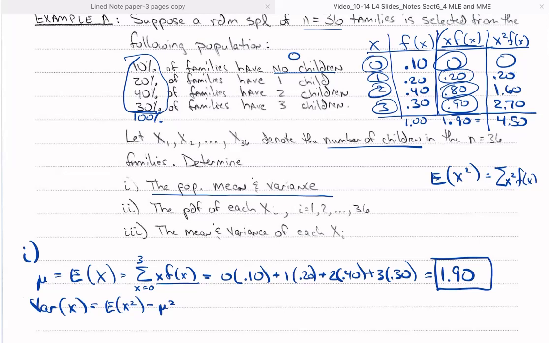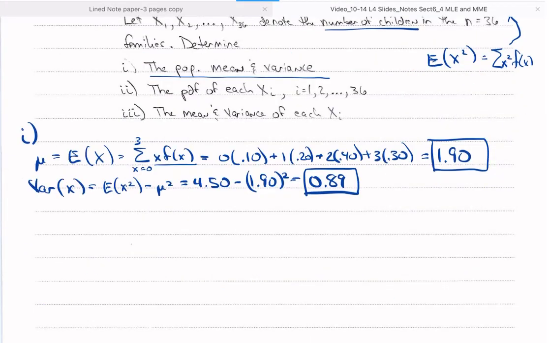Okay, so now this is E of x squared. So this is going to be 4.5 minus mu squared, 1.90 quantity squared. I use my calculator real quickly, and 4.5 minus 1.9 squared equals 0.89. This is the population variance. So let's do the second part. We want the PDF of each x sub i.